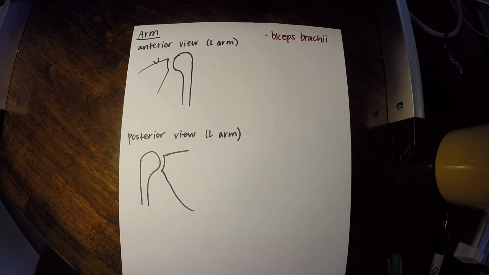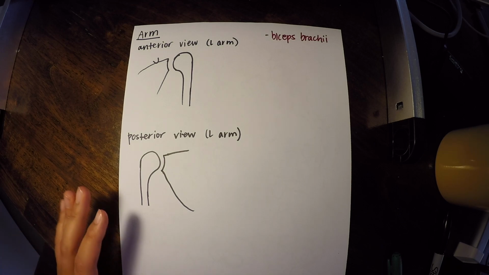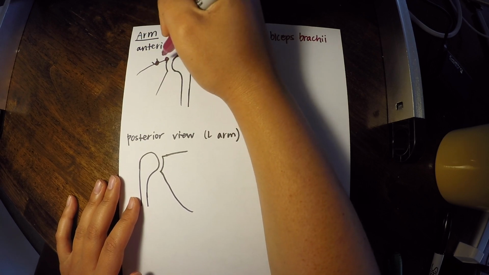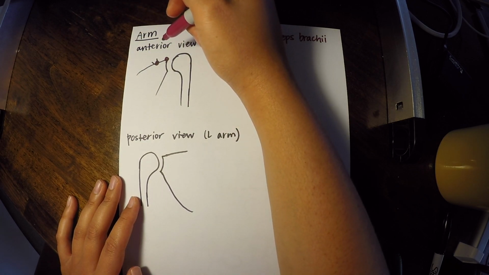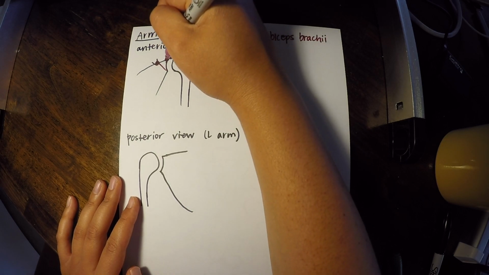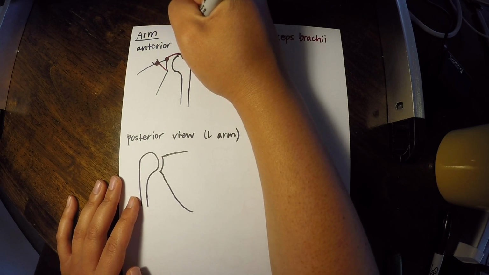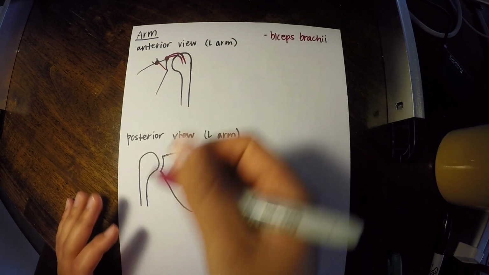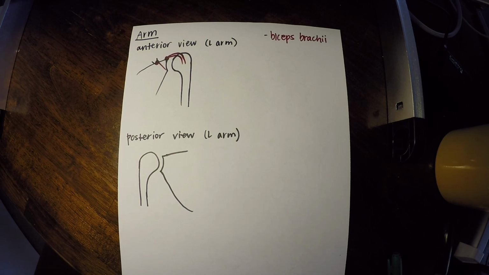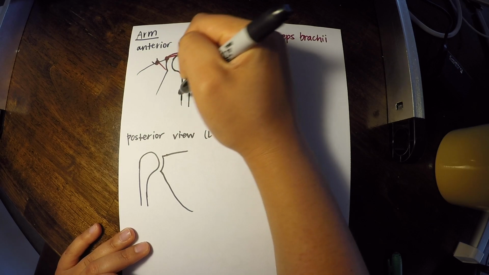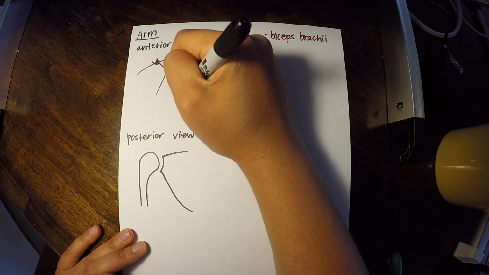So for the 2 heads of the bicep, what it does is it attaches to the supraglenoid tubercle and the coracoid process. And what those 2 heads do is, well, this one will come down and this one will go over here. And it's going to actually attach on the radial tuberosity.